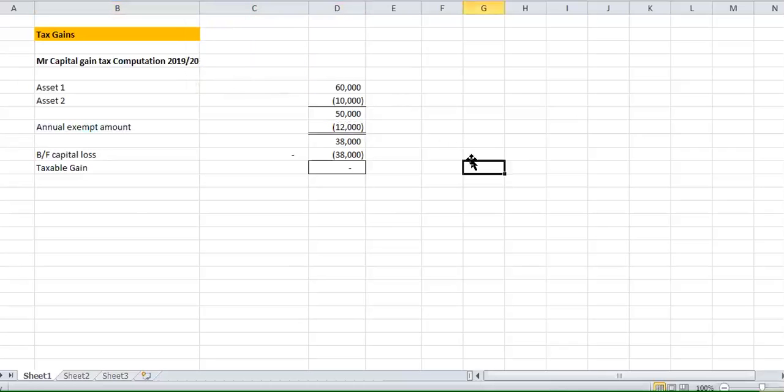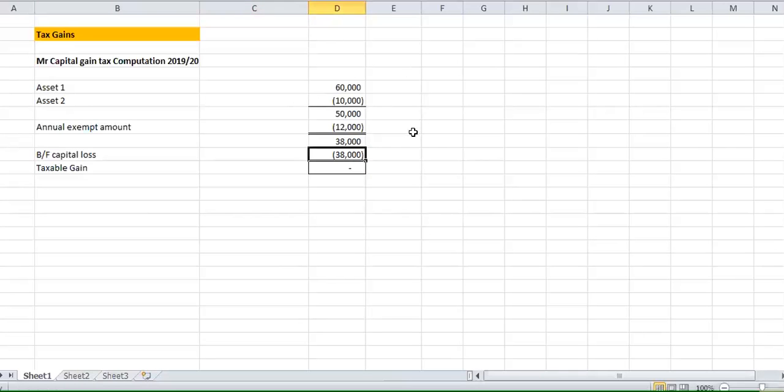We have sold an asset 2. We have a loss of £10,000 on asset 2. After that, we have a net gain of £50,000. Then we deduct the annual exempt amount of £12,000. We have a net gain of £38,000.